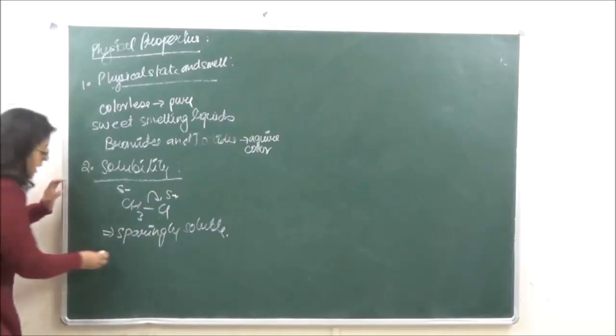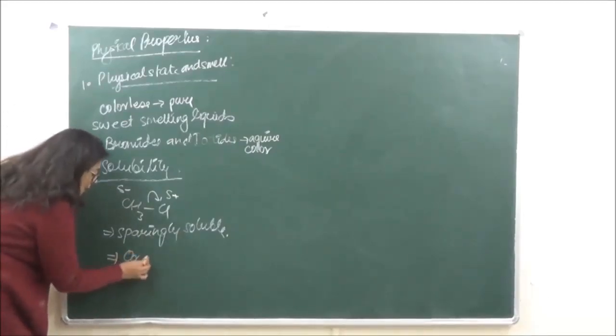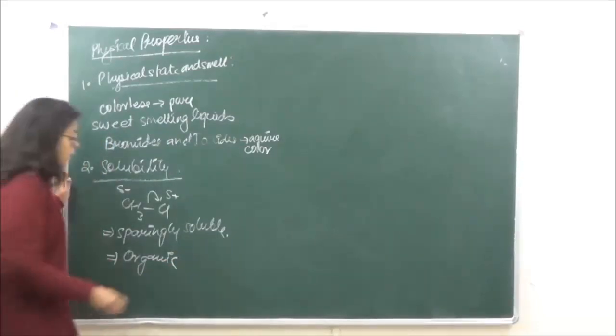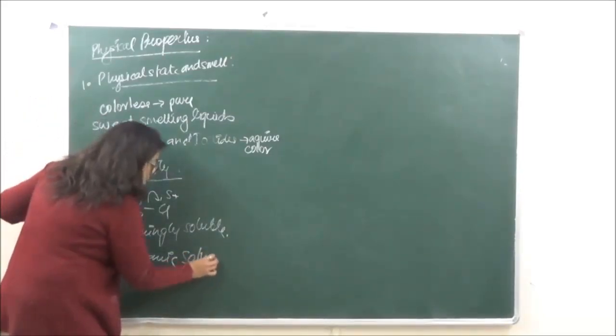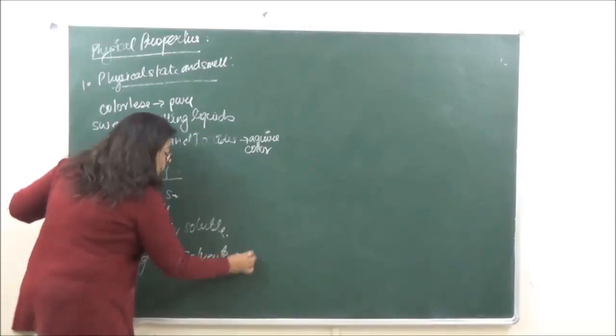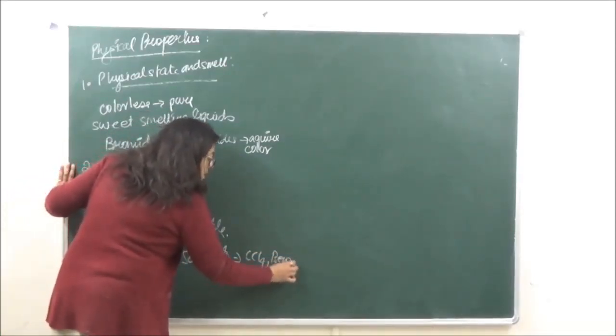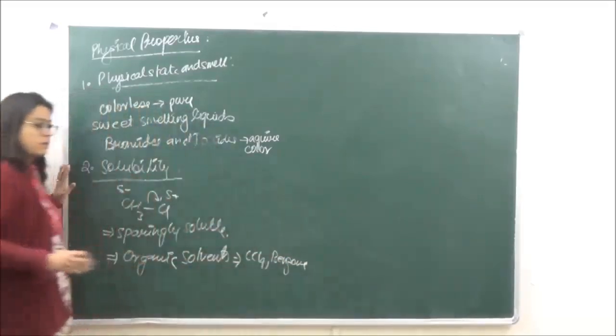When we go on to the higher members, it is seen that they are more comfortably soluble in organic solvents, and these organic solvents may be CCl4, benzene and so on.